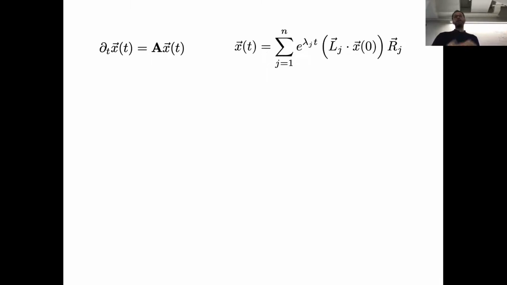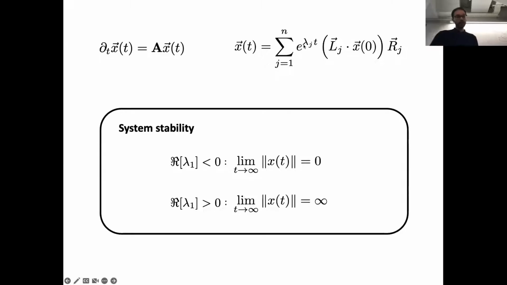So we can solve this explicitly since it's linear. And the solution is given in terms of the eigenvalues and the right and left eigenvectors of the matrix A. So it's a linear combination of the right eigenvectors in this case, with coefficients that depend on time and the exponentials, and these are the eigenvalues that appear in the exponentials. Now in the asymptotic limit of large times, we see that if the real part of the leading eigenvalue is negative, then x converges to 0.